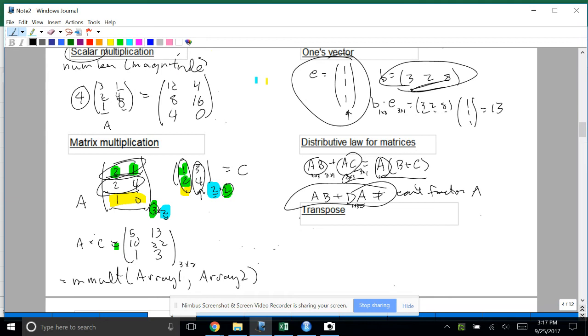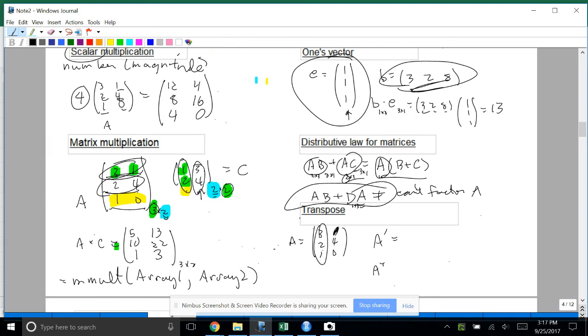All right, so when we talk about a transpose, say we have A is our 3, 2, 1, 1, 4, 0. When we take that transpose, sometimes written as A with a T up there, what happens is the rows become columns and the columns become rows.